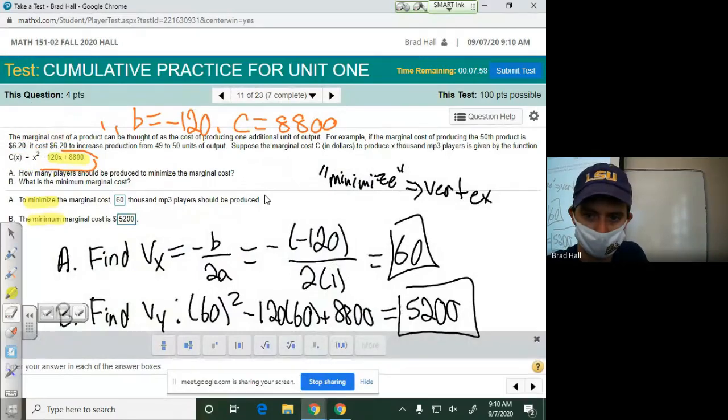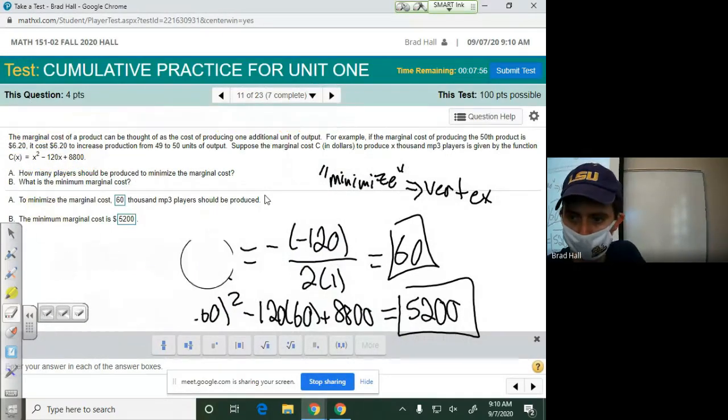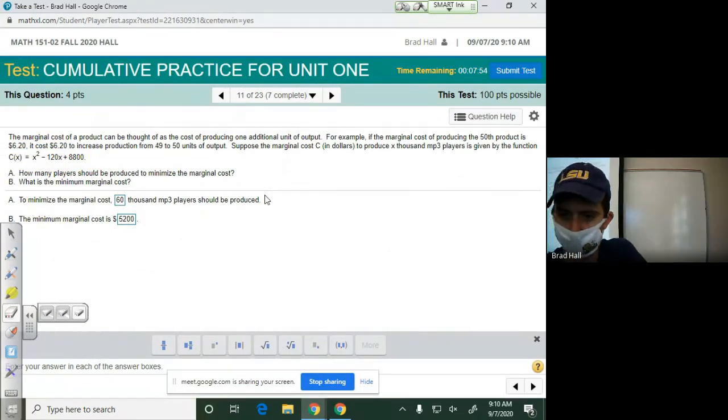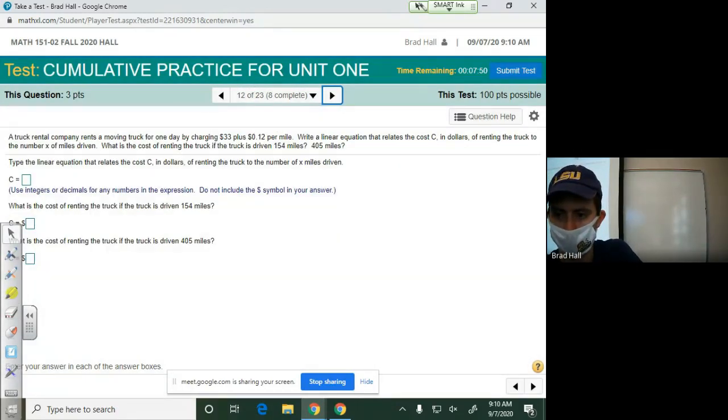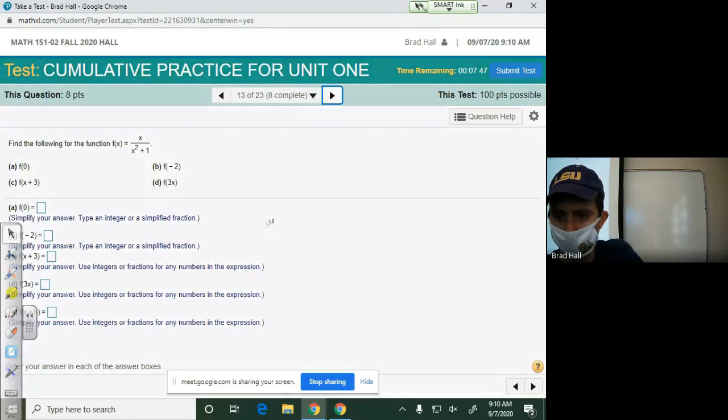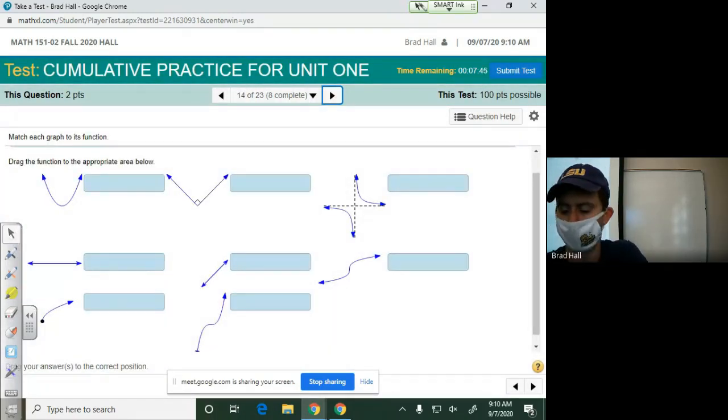We probably have time for one more. See if we can find one. Definitely know your parent functions for the test. So I put all the parent functions or library of functions on one page.